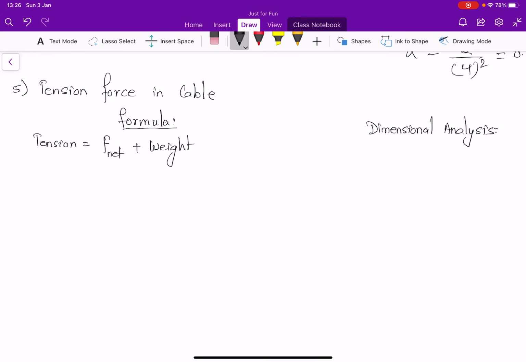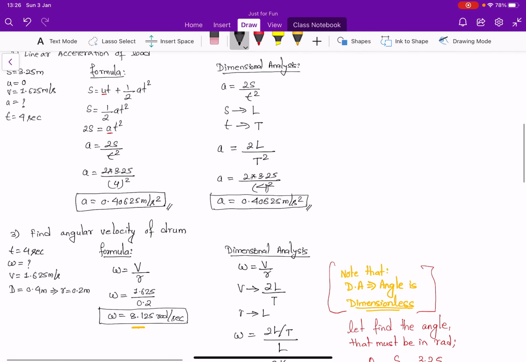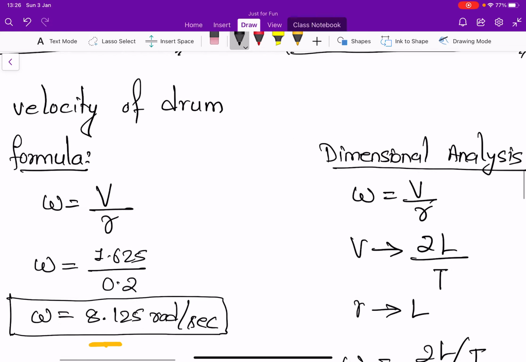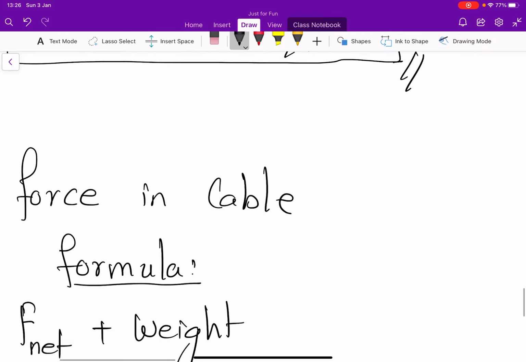So if you look at the diagram there, where is the tension happening in the cable? Tension happening in the cable is here, and there is a weight of this load, right? You have mg going down, and that is supported by this cable tension. So your net result is going to be this plus this, or this take away this, right, which is your net result, and that's what we have written as our relationship here.